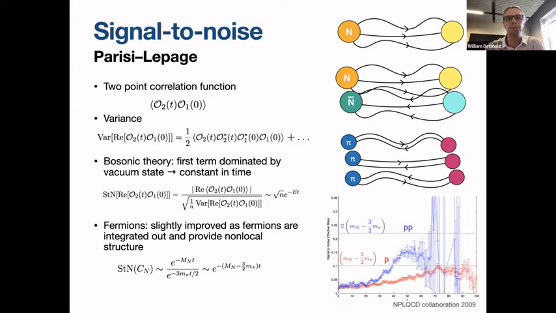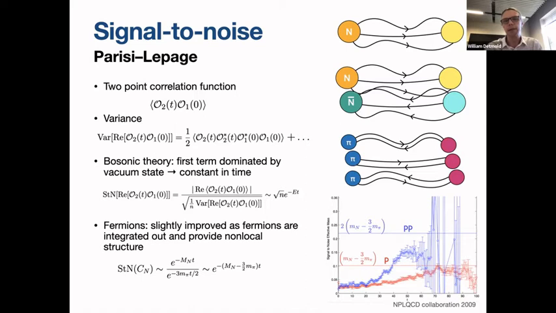Okay. So given that correlation function, we can ask about the variance. In particular, I know that on ensemble average, this correlation function is real. So I can ask about the variance of the real part of this correlation function.